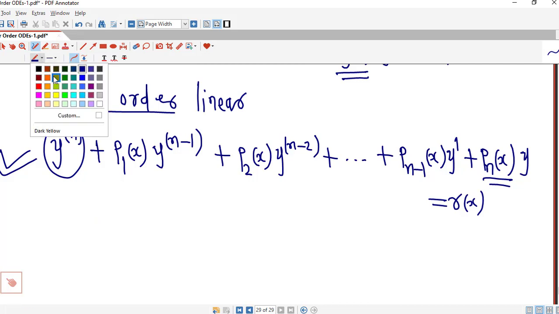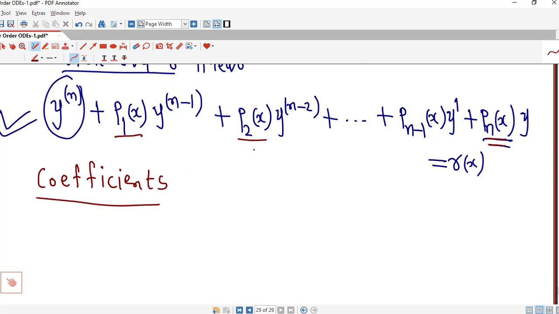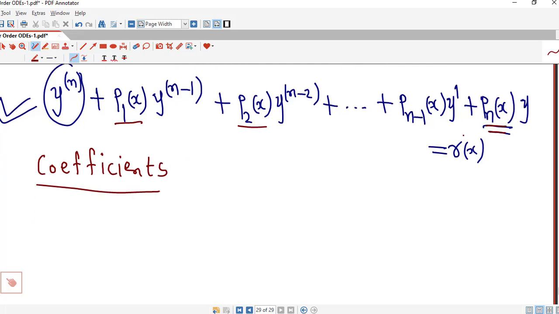Now these functions p1(x), p2(x) up to pn(x) are all coefficients of the derivatives of y. So these functions are known as the coefficients of this linear differential equation. Another thing is the function on the right hand side.